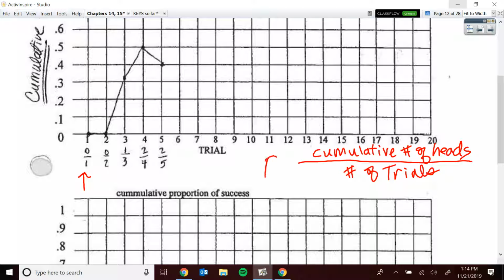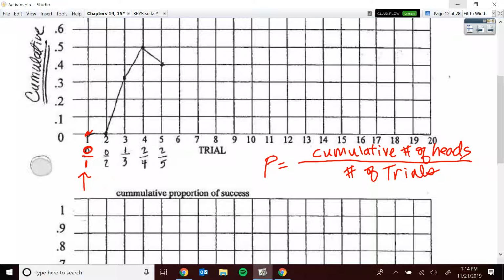So we're going to get the running tally of how many heads I have gotten so far out of the number of trials. Let me demonstrate. I'm going to flip a coin, and I got tails. So I have now 0 heads out of 1 trial. That's 0% right there.